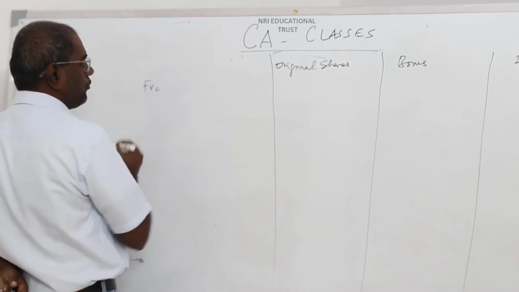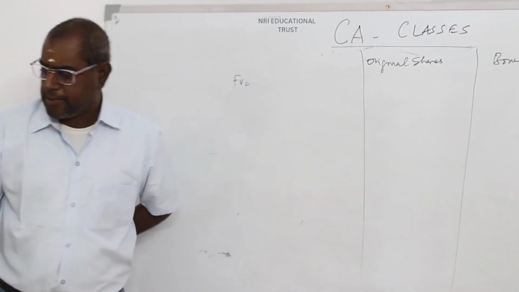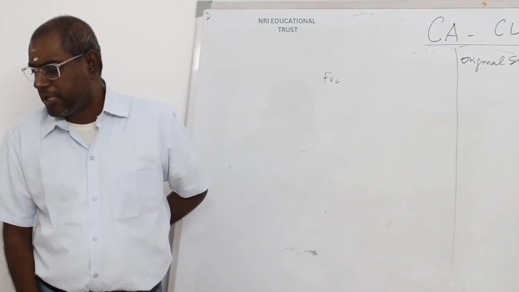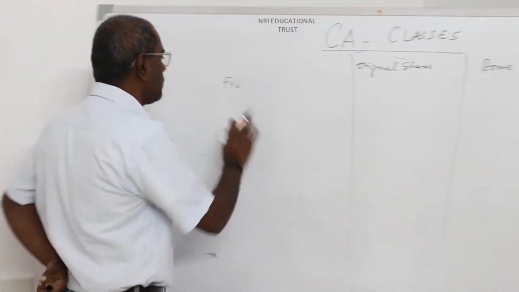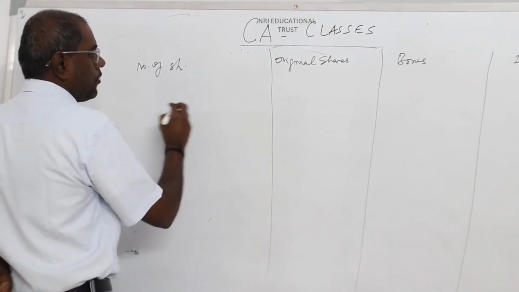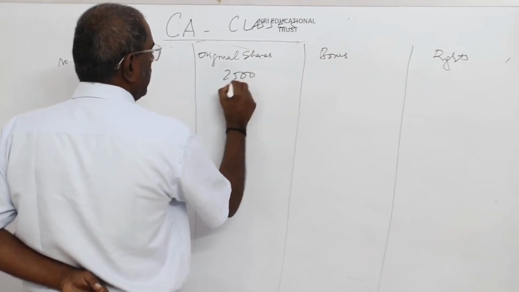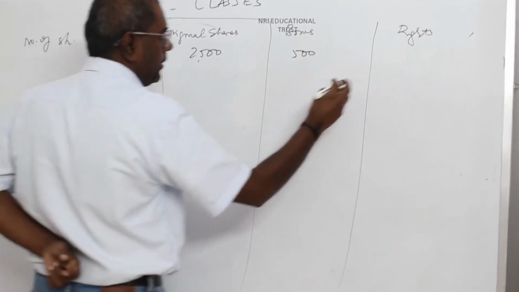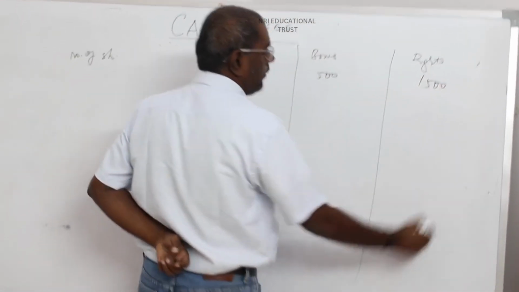Full value of consideration: the sale price is given as 150 rupees per share. The number of shares is 2,500, 500, 1,500.